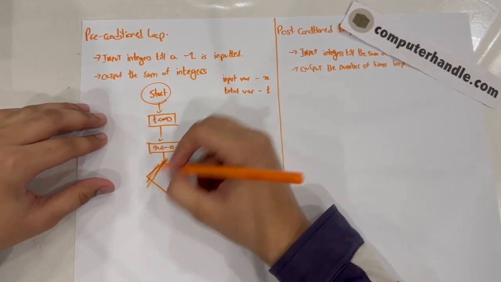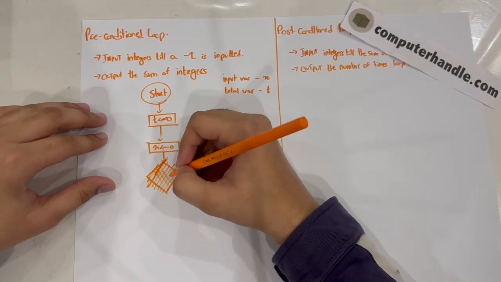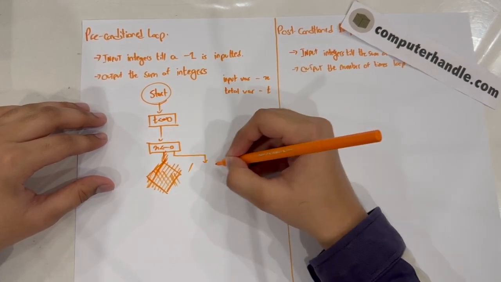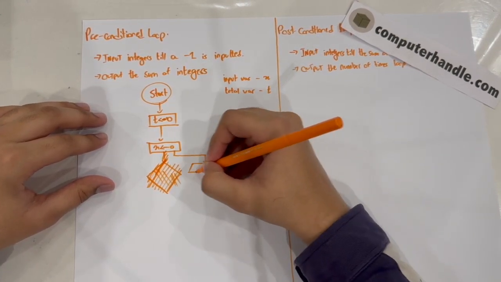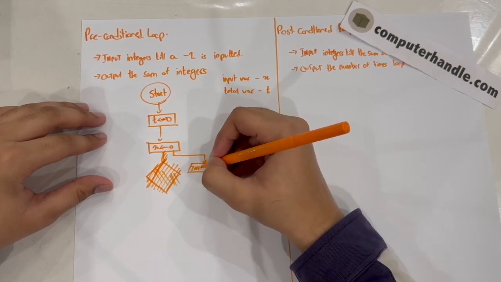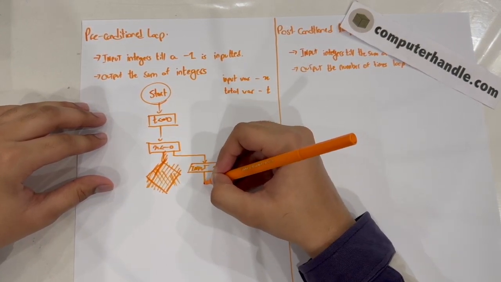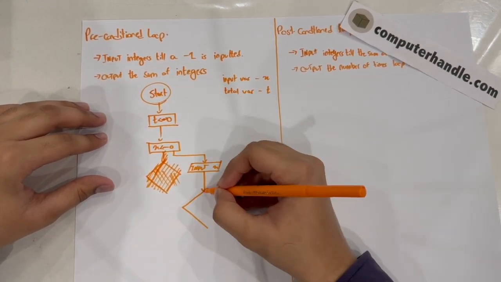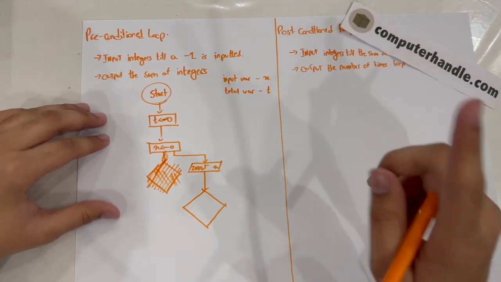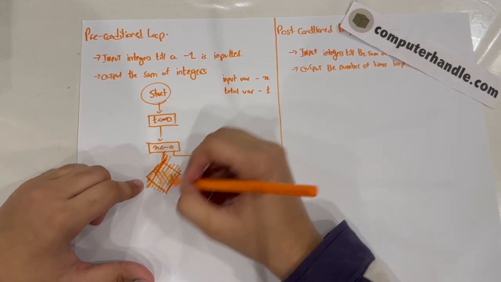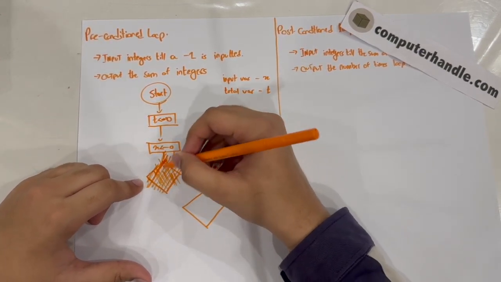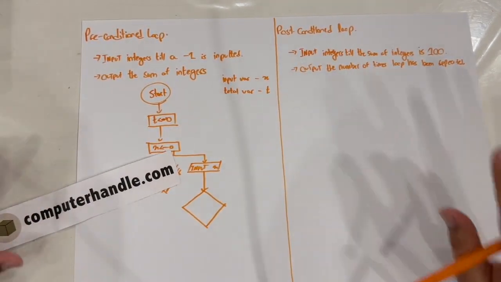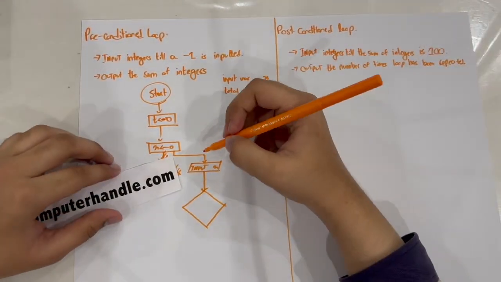Now I'll abort this design and write here, input x, and now I'm going to return to the diamond box. So let's just discard this permanently. So we've got input x.